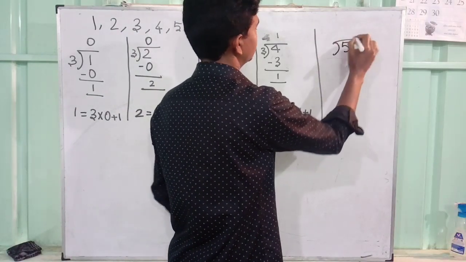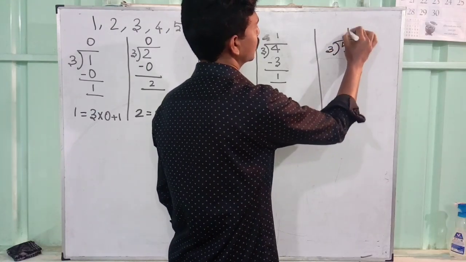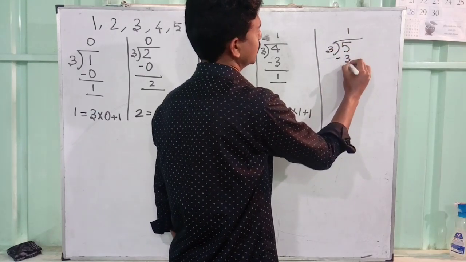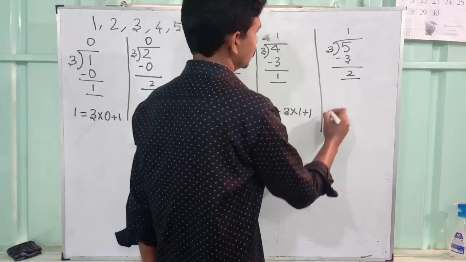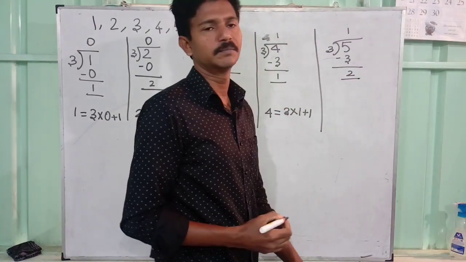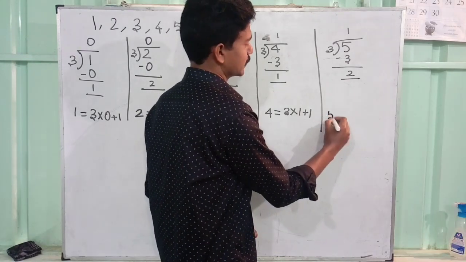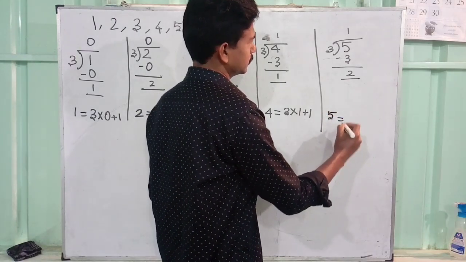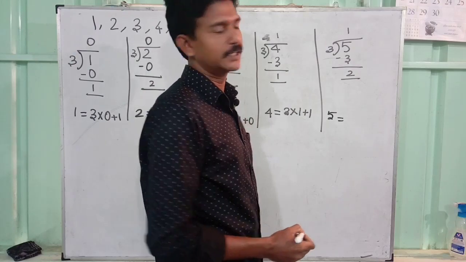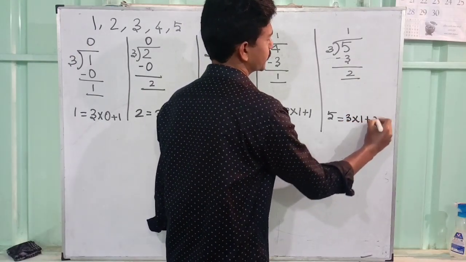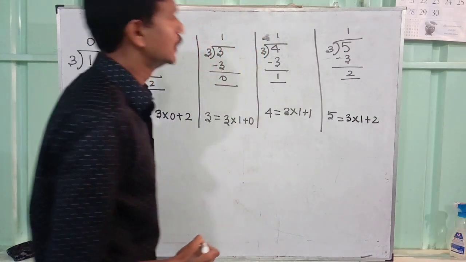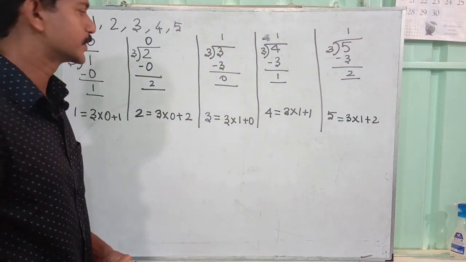We divide 5 by 3. It goes one time, so 1 times 3 is 3. When we subtract, the remainder is 2. So in Euclid's division lemma format, 5, the dividend, is equal to divisor into quotient plus remainder.